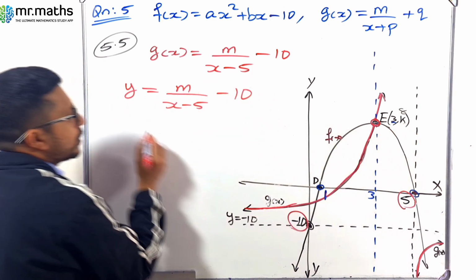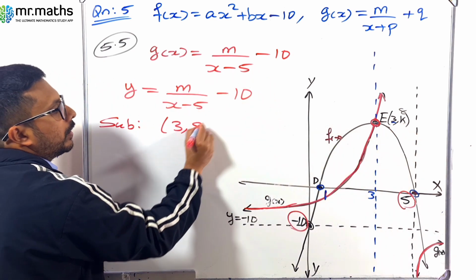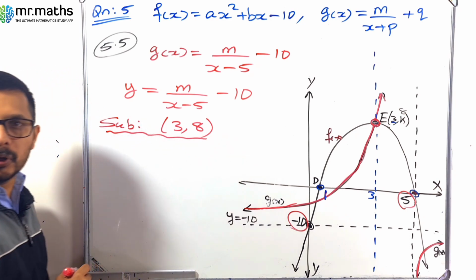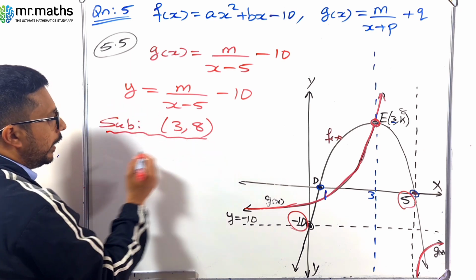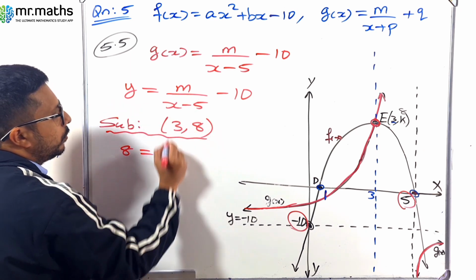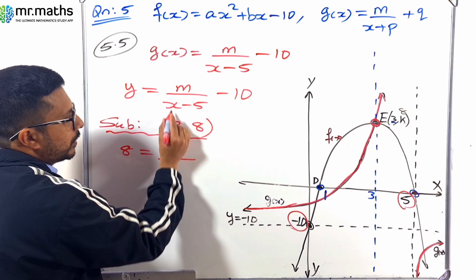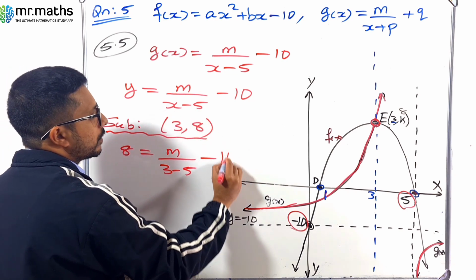Okay. So substitute 3 comma 8, because that point E is a point on that g of x also. So substitute y is 8. So 8 is equal to m over x minus 5, x is 3. So it is 3 minus 5 minus 10.